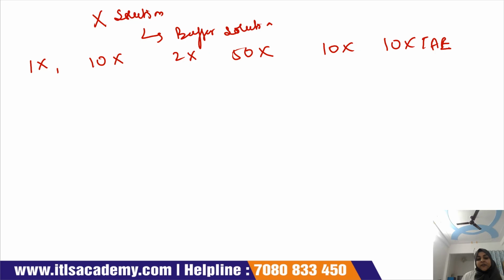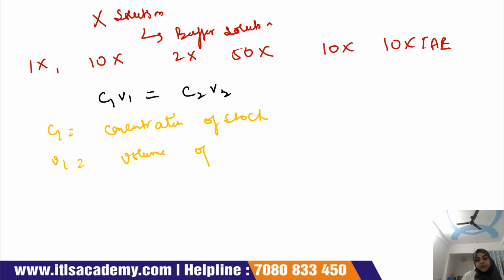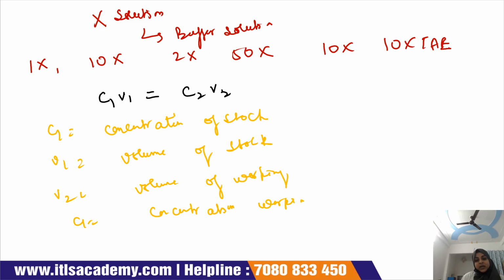Here the formula that we are going to use is C1V1 is equal to C2V2, where C1 is the concentration of stock, V1 is the volume of stock, V2 is the volume of working, and C2 is the concentration of working. Simply this is how we calculate it.